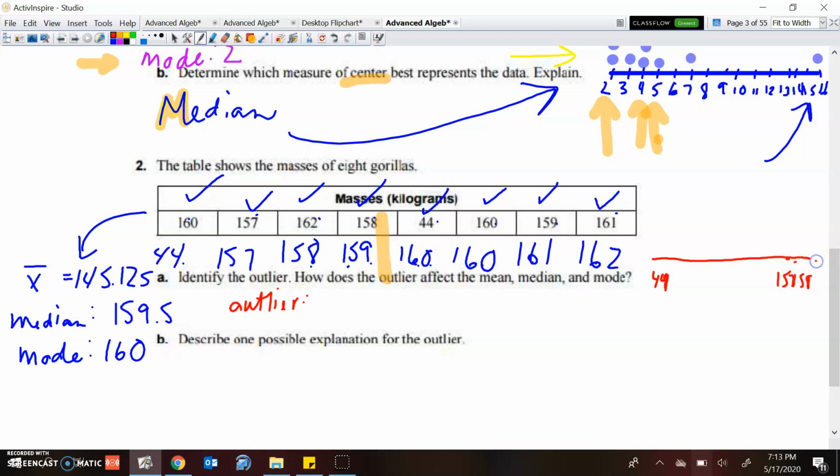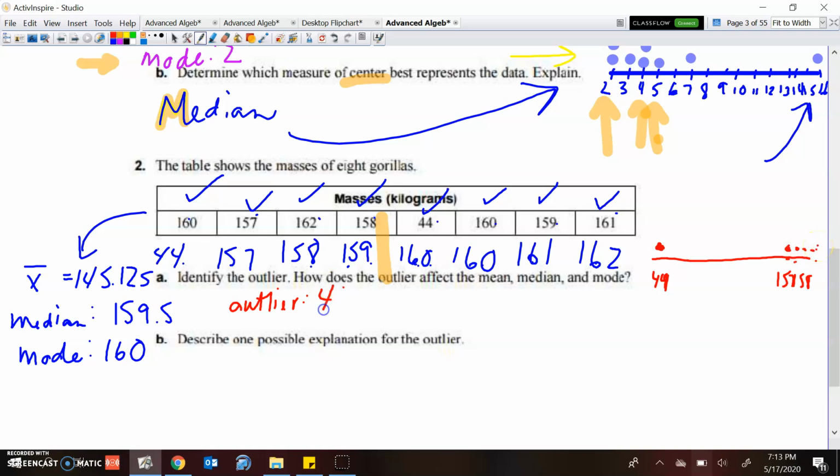So my dot plot's going to look something like this. Okay, somehow it switched over. So anyway, all the data is here. So I can see that 44 is my outlier if I didn't happen to notice that prior. Okay, it's kilograms.